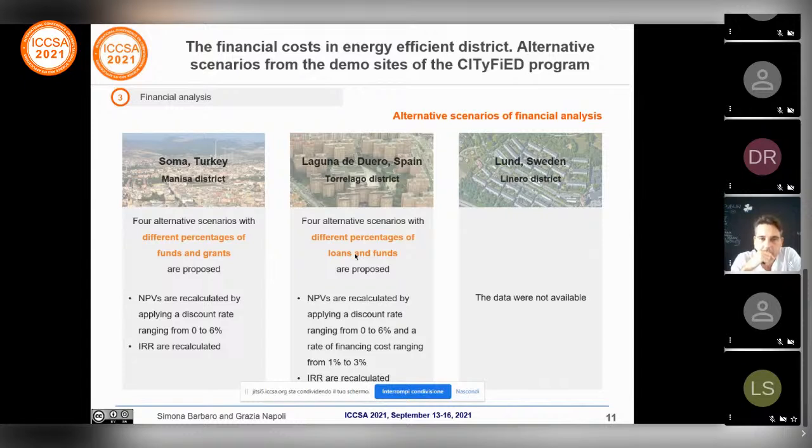On the other hand, for the Laguna de Duero site, 4 new scenarios are diversified by the capital structure, that is, a combination of debt and equity. The net present values are evaluated applying a discount rate that ranges from 0 to 6%, and a rate of financing cost that ranges from 1 to 3%. In both cases, the internal rates of return are recalculated.